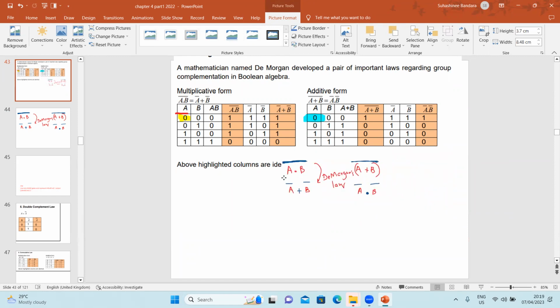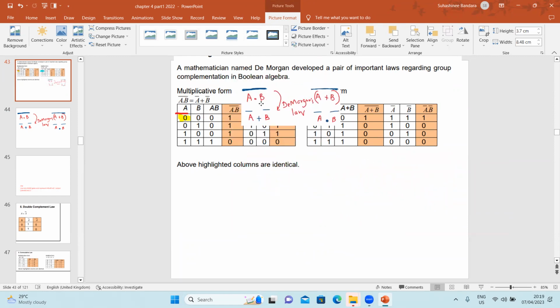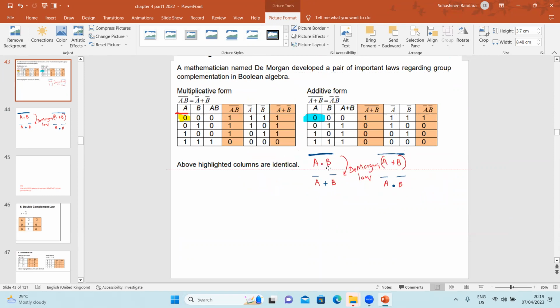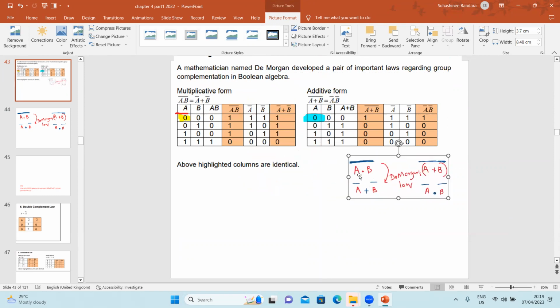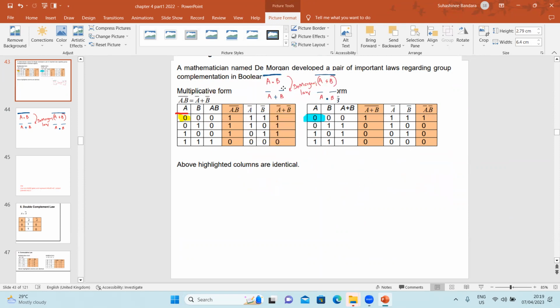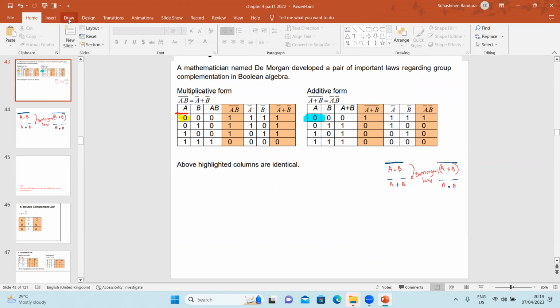You better write this one also, the method how we simplify. Write it clearly. Okay, then I'll draw the diagram.